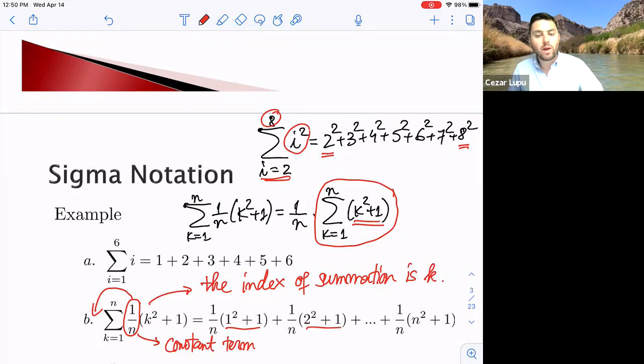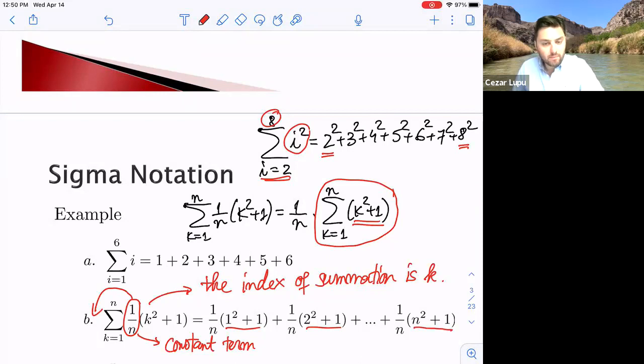For k equals 3, we have 3 squared plus 1. And the last one, because it's going all the way to n, when k equals n, this is the last index, we have n squared plus 1. And that's it.